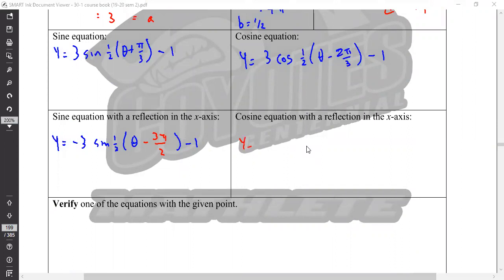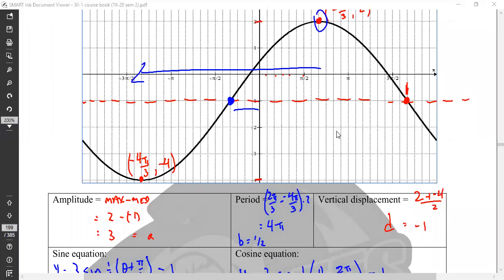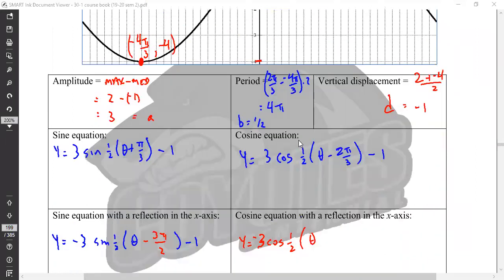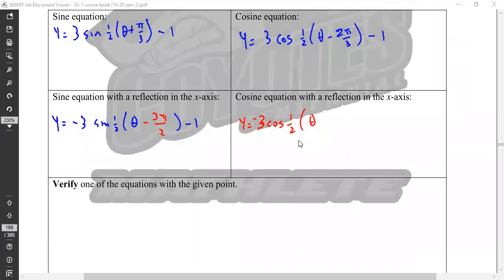And my last one, y is equal to -3 cosine 1/2. And the negative cosine starts at the minimum. Your start point for negative cos is way over there, x plus 4 pi thirds.